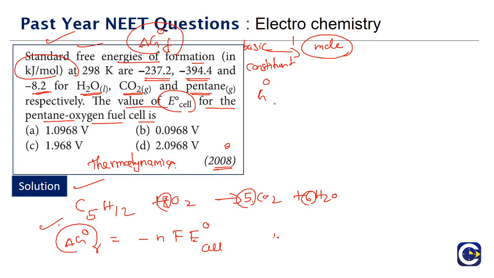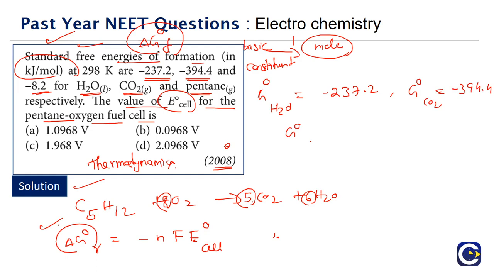This is an important thing. If you talk about the standard free energy of formation for H2O, it is minus 237.2, meaning at standard conditions the free energy value of H2O will be minus 237.2. Similarly, the free energy value of CO2 at standard conditions will be minus 394.4.